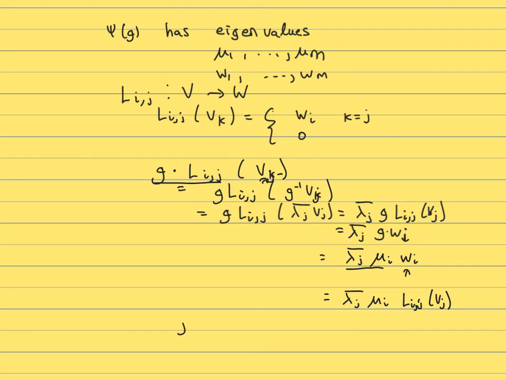Now if you work with other vectors, Vk when k is not j, you just get g times 0, which is 0.